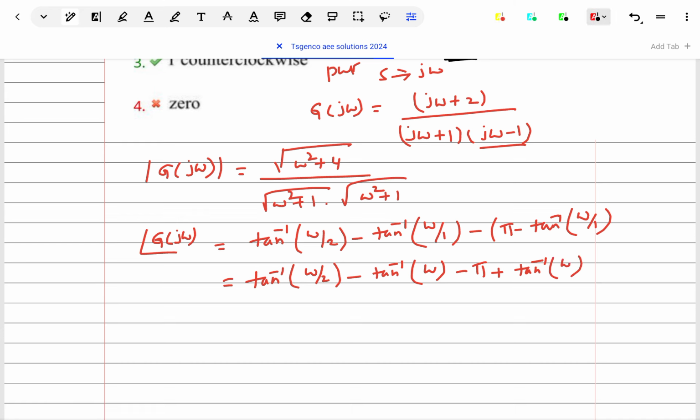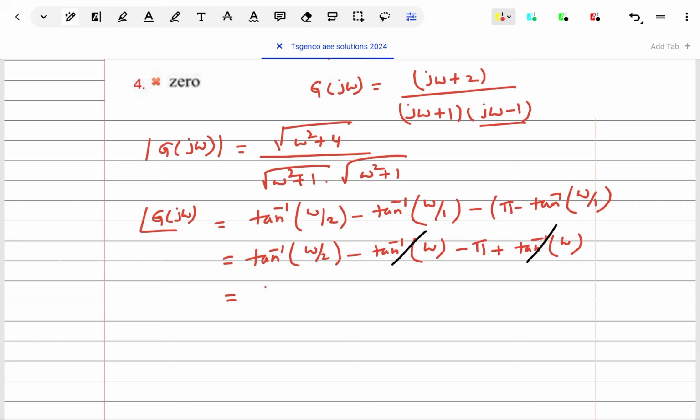If you observe closely, the -tan⁻¹(ω) gets cancelled with the +tan⁻¹(ω). So it is further written as tan⁻¹(ω/2) - π. This is equation number 1, the magnitude, and this is equation number 2, the phase angle.